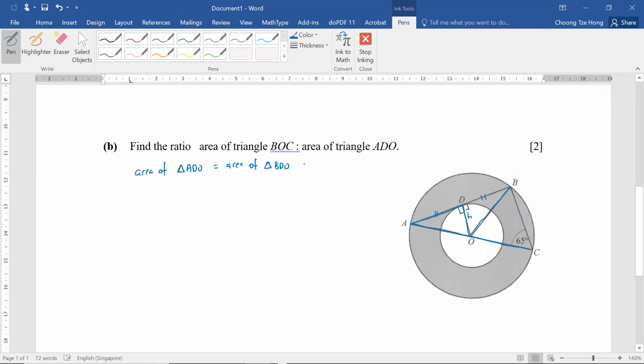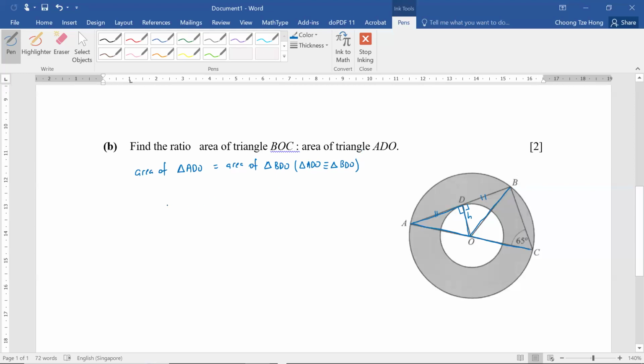This is because triangle ADO is congruent to triangle BDO. If they are congruent, they have the same shape and the same size. Over here you see AD is the same length as BD, this height is also the same, and the angle here is the same. So by SAS congruency, these two triangles are congruent.